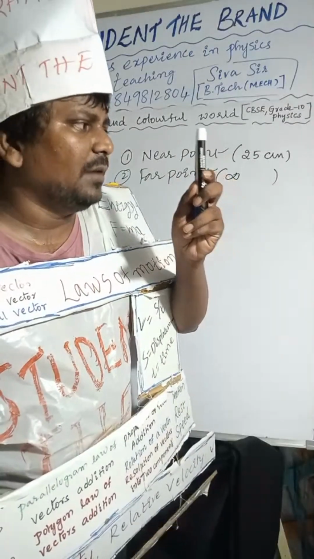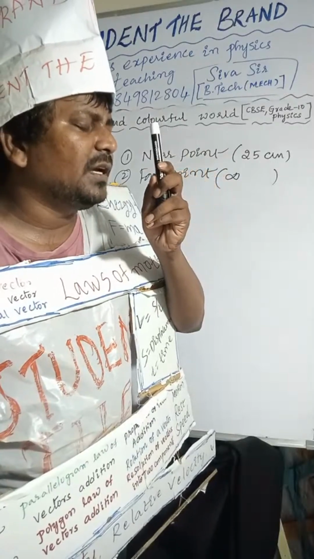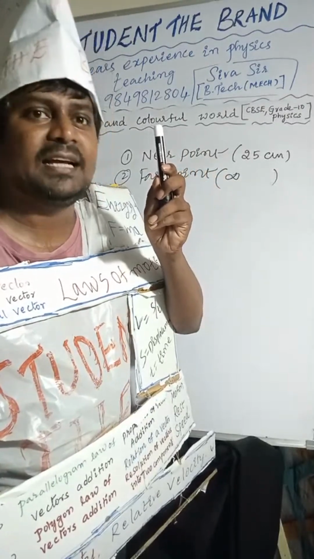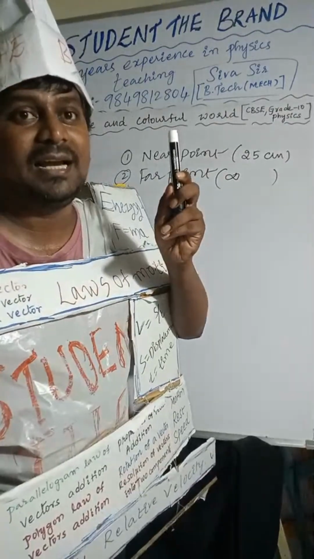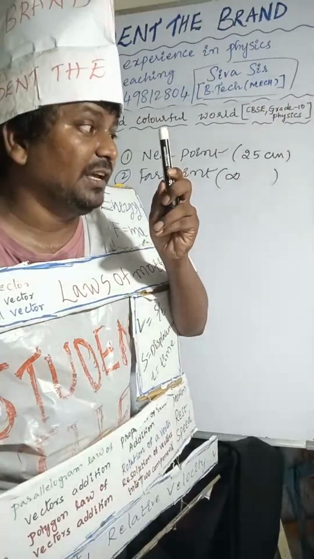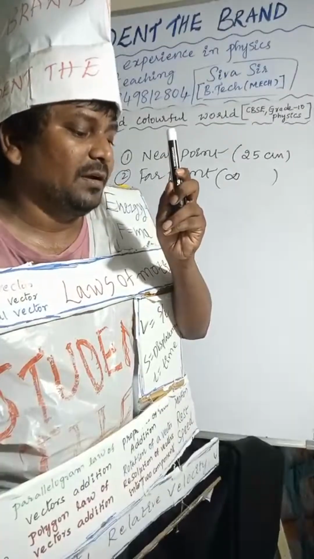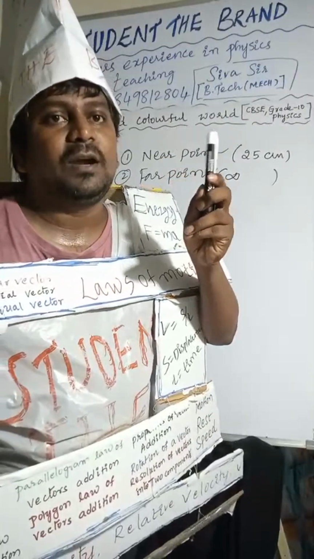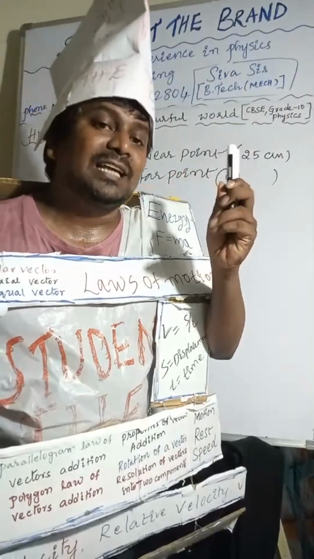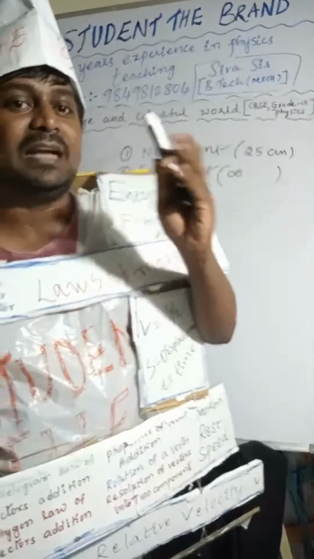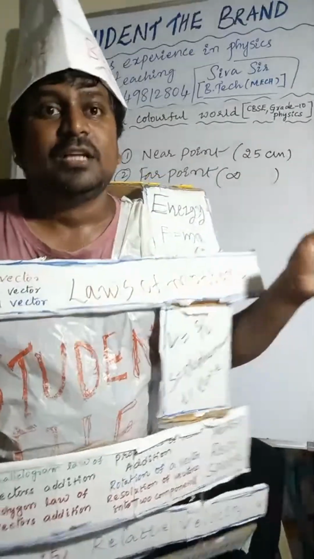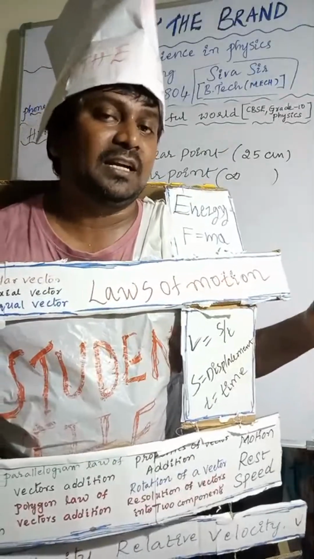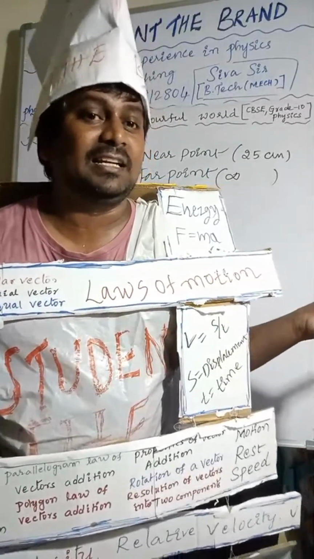If you take the object very close, our eyes will get strain and pain, so we can't see over a long period. Because what happens? The ciliary muscles contract, up to 25 centimeters, and we can see the near object.